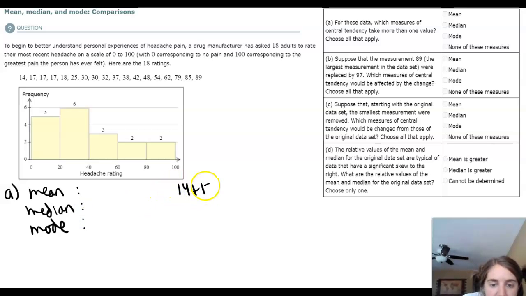So I'm going to add up all my scores, divided by, I asked 18 people.